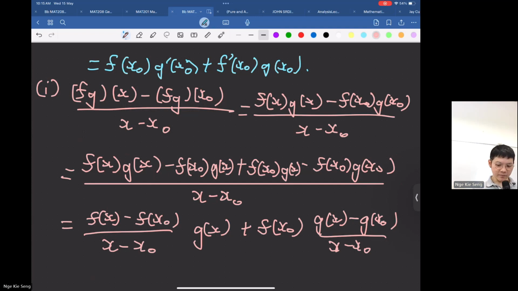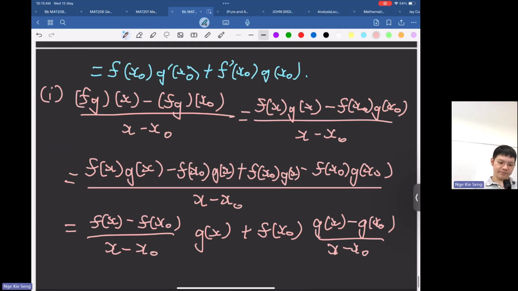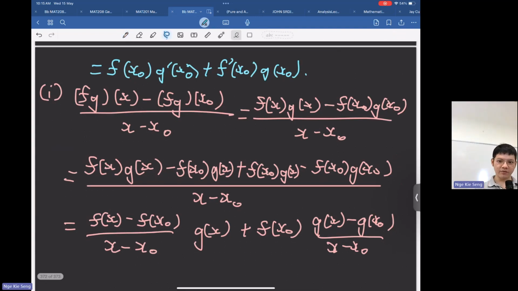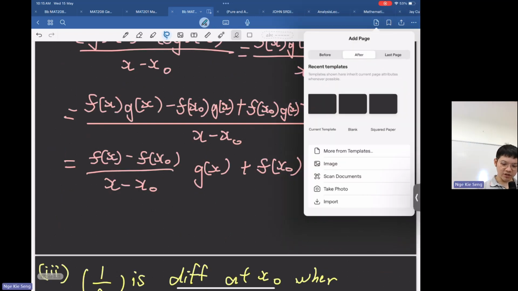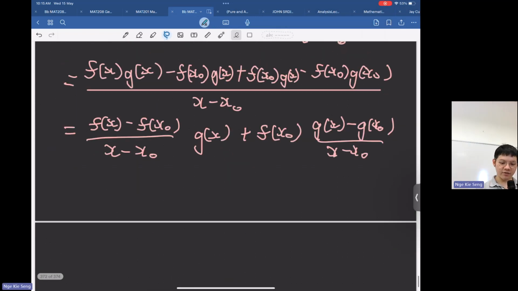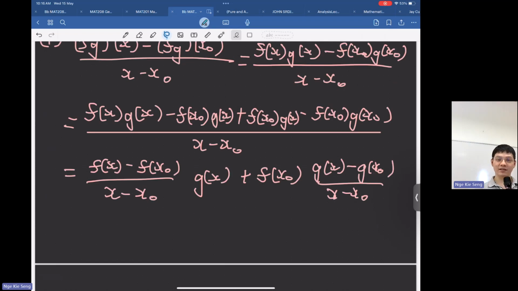So what do we do here? Remember what's the condition we had? We don't just look at this secant function, right? We look at the limit of this secant function.